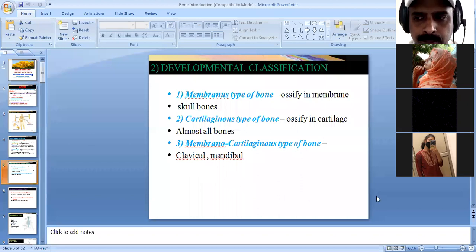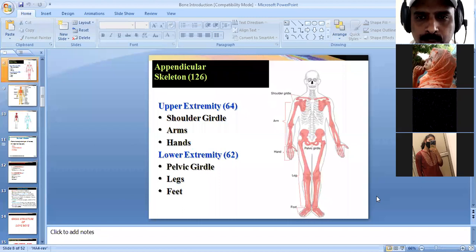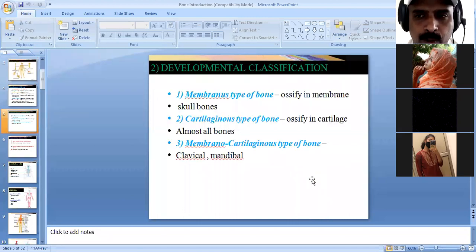So you have to remember the points I have told about this membranous type of bone which ossifies in membrane. Examples are the skull bones. Next comes the cartilaginous type of bone, ossified in cartilage. Almost all the bones which ossify in cartilage, you have to remember.